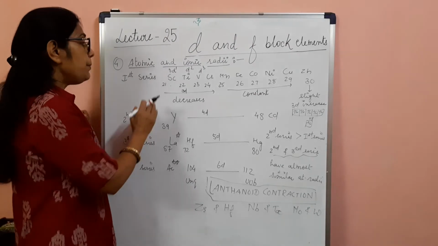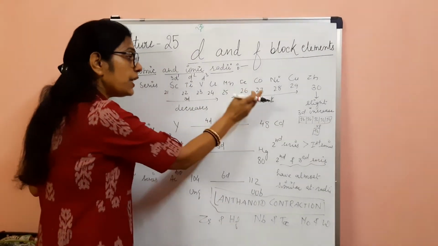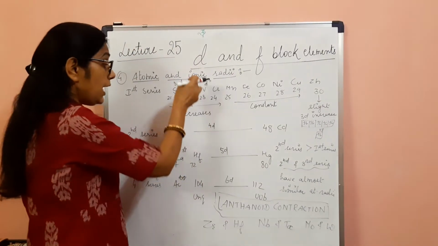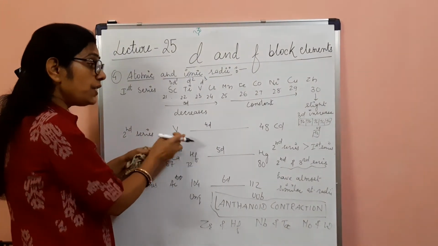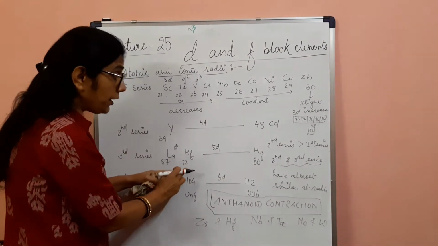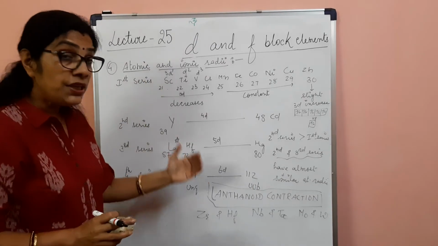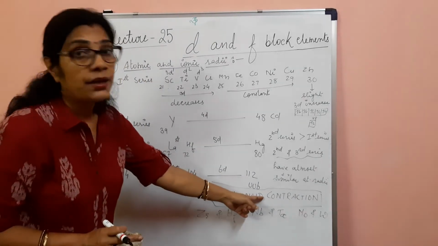So the elements of the first transition series, you have to learn it. Up to here decreases, constant, slight increase. Elements of the second transition series are bigger than first. Then second and third have almost similar atomic radii, and the reason is lanthanoid contraction.